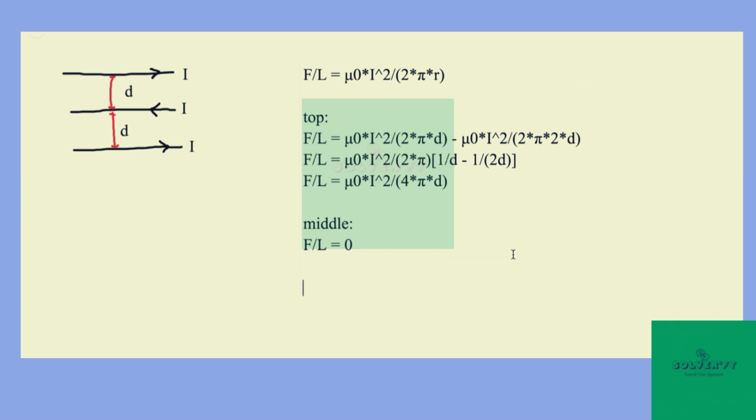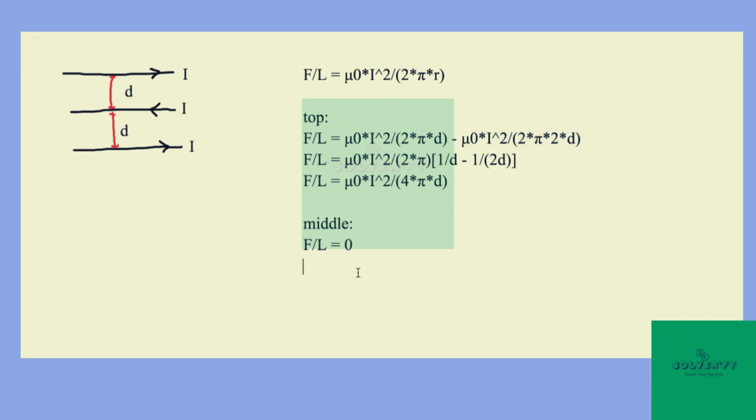Now let's think about the bottom wire here. We could explicitly go through and do the same calculation, but hopefully you can see that because of symmetry, we have a middle wire that is separated by a distance d, and a farther wire, the top wire, with current in the opposite direction, which contributes the same magnitude as before, separated by distance 2d.